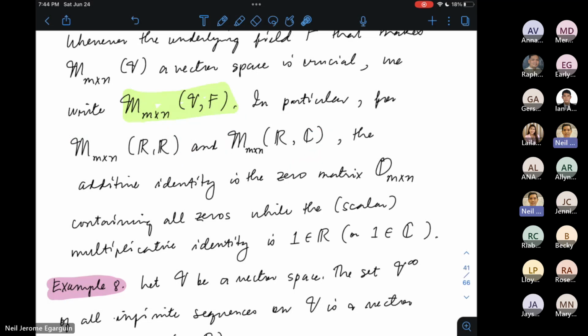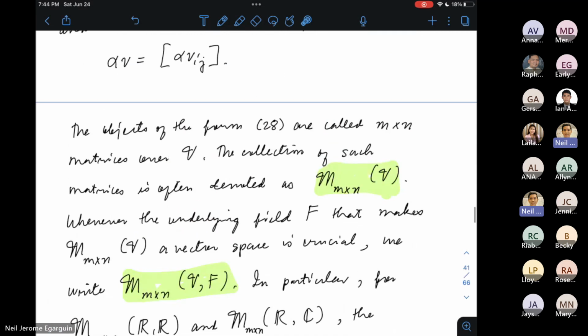Okay. Tapos kunwari hindi nyo pa nakita yan, what do you think is the additive identity of the vector space of matrices? Ano yung pwede natin tawagin to be the zero matrix? Yes, Jennifer? Pwede ba zero matrix? Which is what? Describe me yung zero matrix.